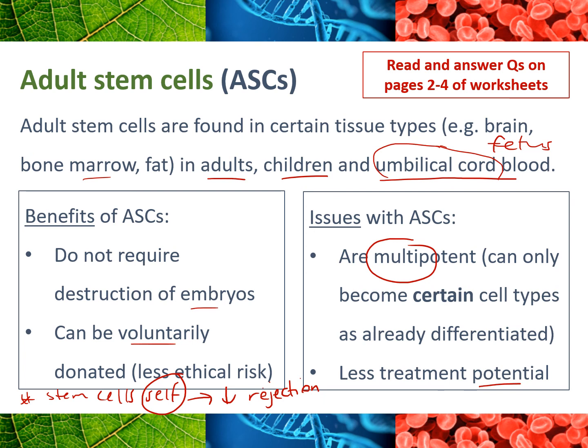So if I had damage to all of my blood stem cells, which is often what happens with certain types of cancer, I can't use those blood stem cells because they're already differentiated. Whereas if you had undifferentiated cells, such as the pluripotent cells found in embryonic ones, they could be targeted to become any type of cell. So, benefits and risks of both different types.